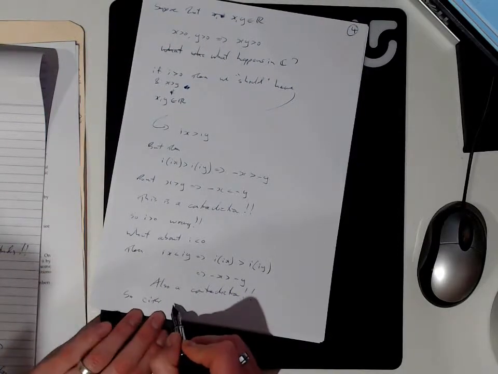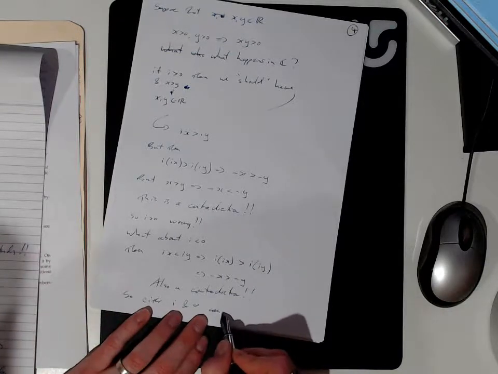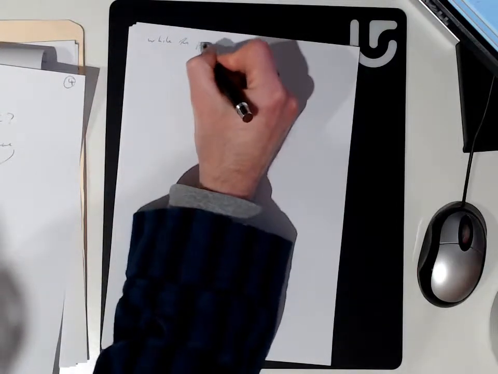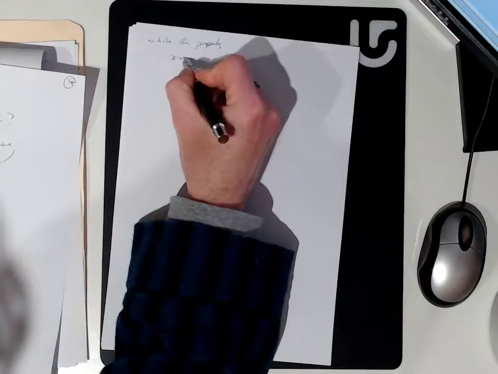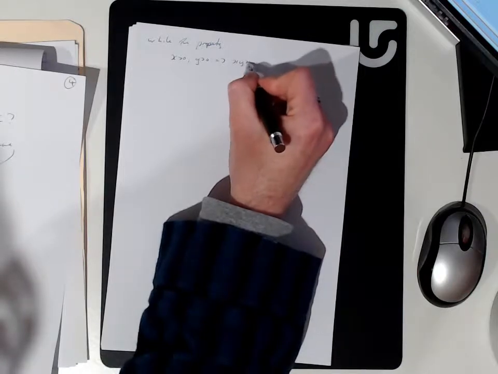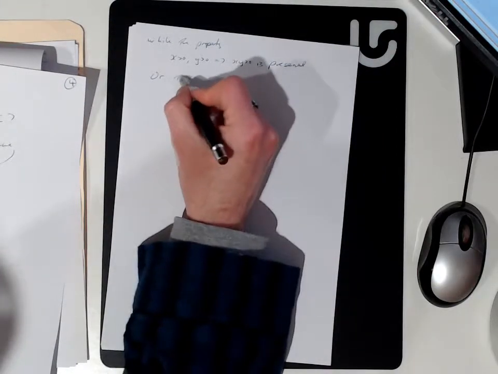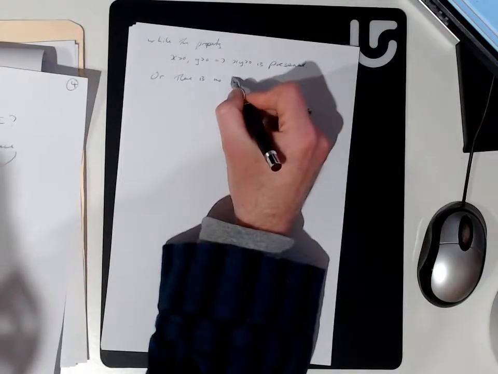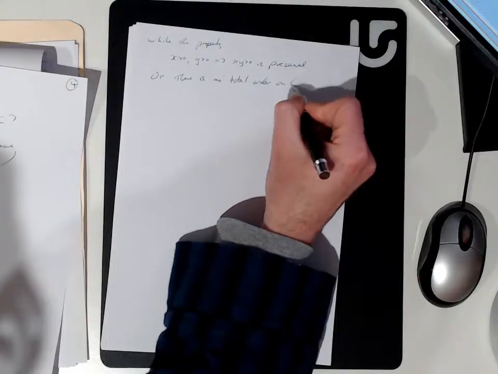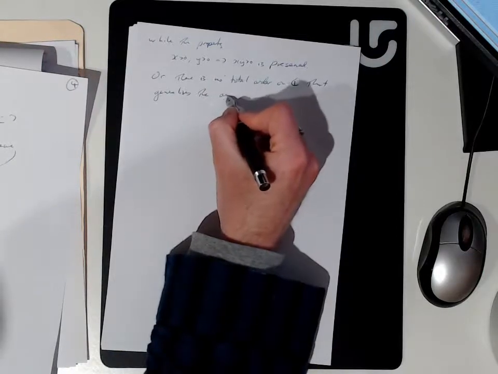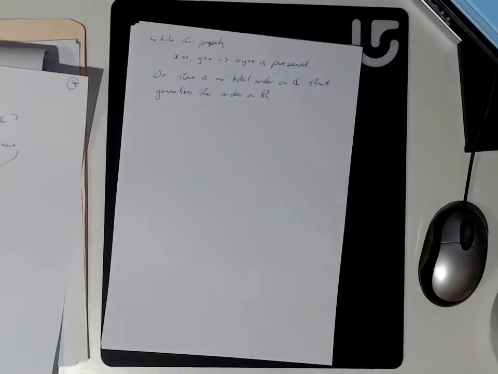Either i and 0 cannot be compared while the property is preserved, or there is no total order on C that generalizes the order on R. So you either have to accept that you don't have a total order, or you don't have an order that generalizes the order on R.